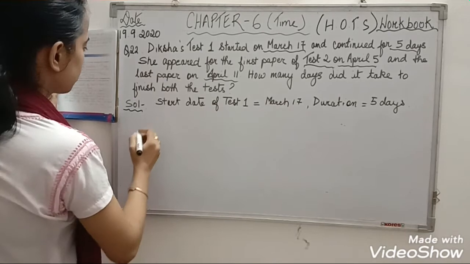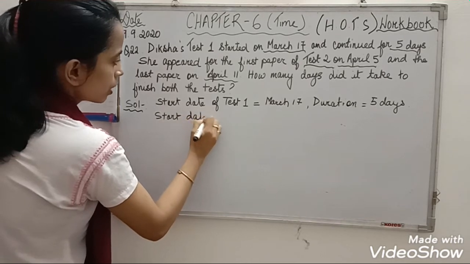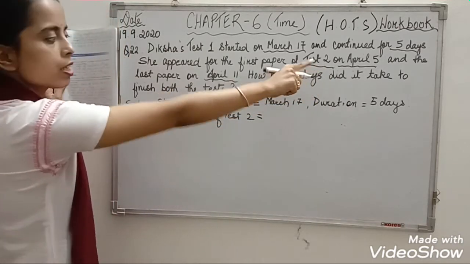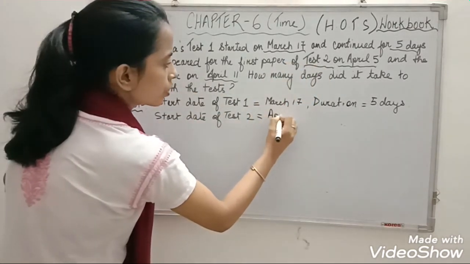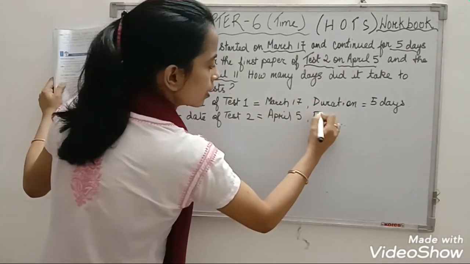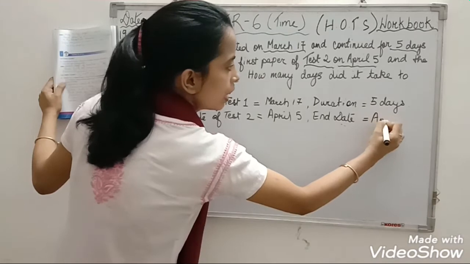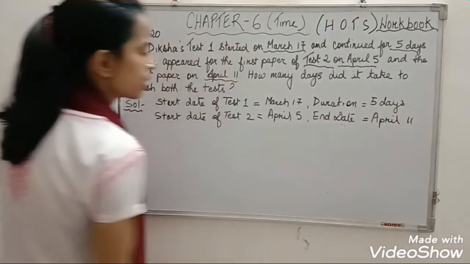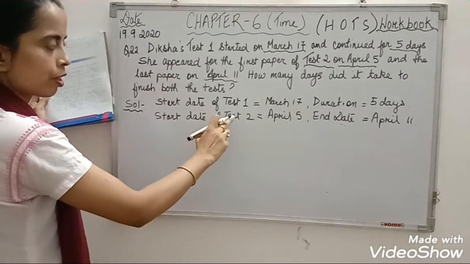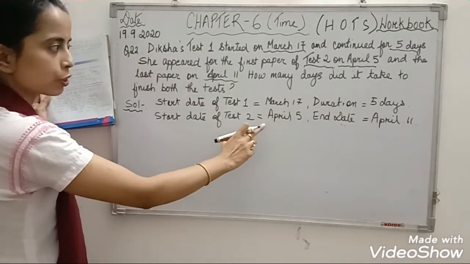Next, start date of test 2. When test 2 started, children? April 5. End date equal to April 11. Now what do you have to calculate? Duration of test 2, because the duration of test 1 we know is 5 days. Now we are going to calculate the duration of test 2.